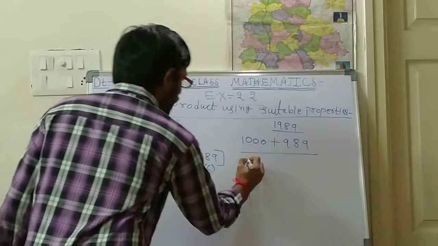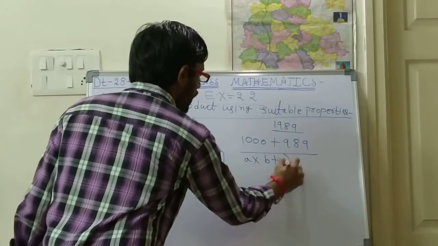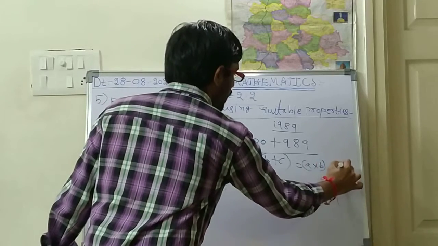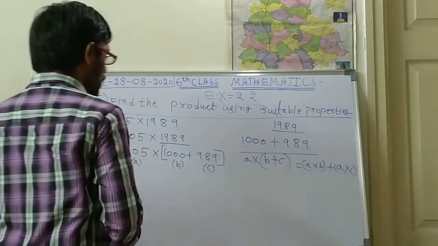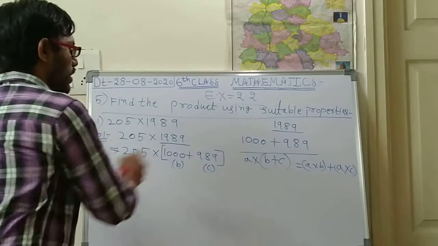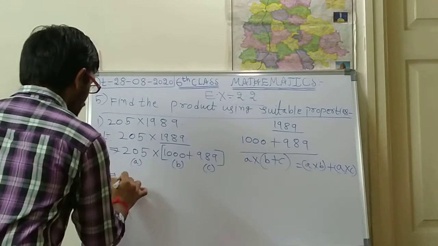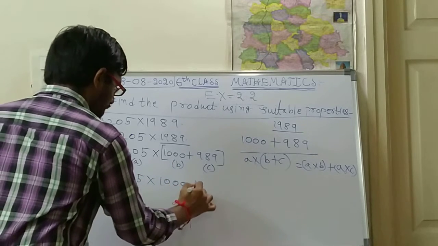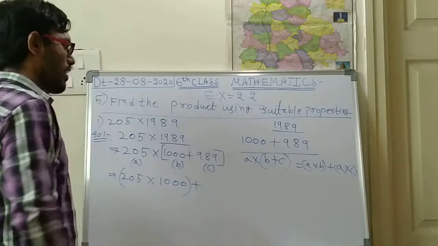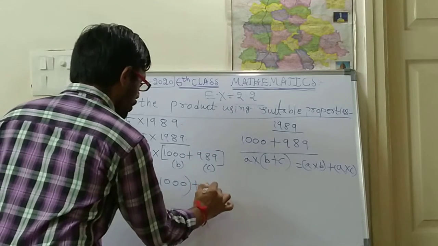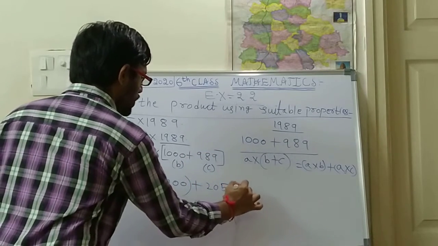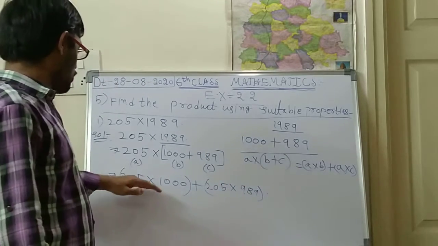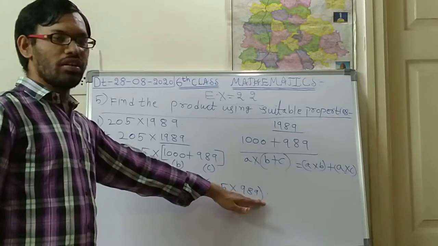So what is A into B plus C? A into B plus C is A into B plus A into C. Like this you have to write: 205 into 1000 plus 205 into 989.